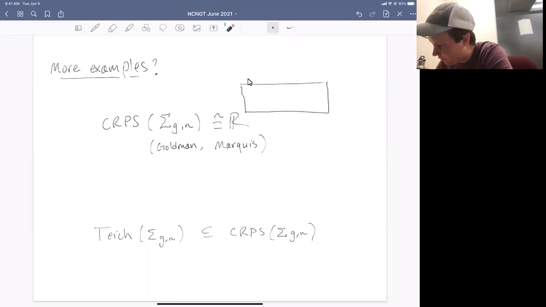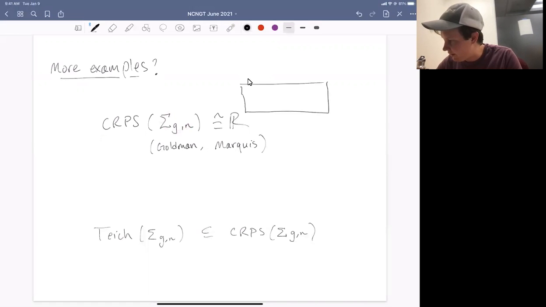Suppose we're looking at a surface of genus G with n punctures, and we're looking at all the convex real projective structures on this, up to projective transformation. It's actually computable, the dimension of this moduli space. Goldman computed it without the punctures and Marquis with the punctures in his thesis. The dimension is 16G minus 16 plus 8N.